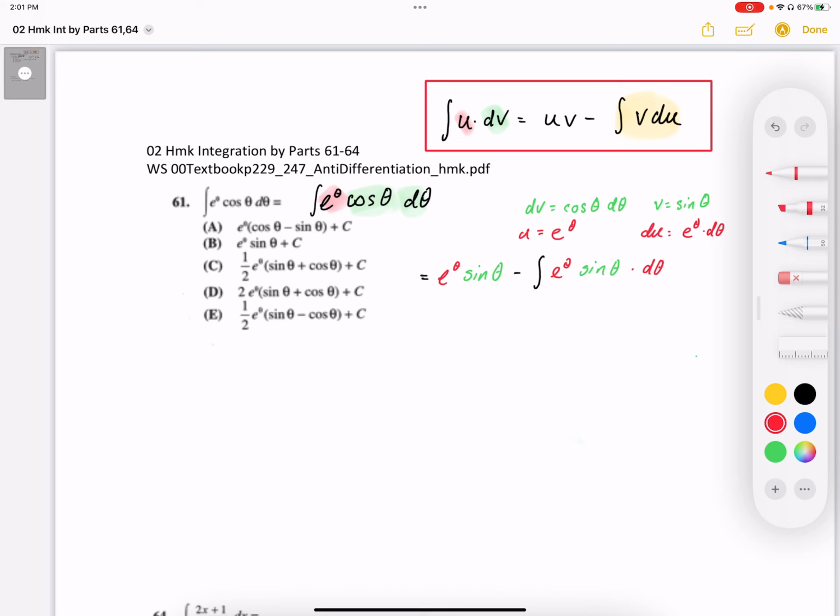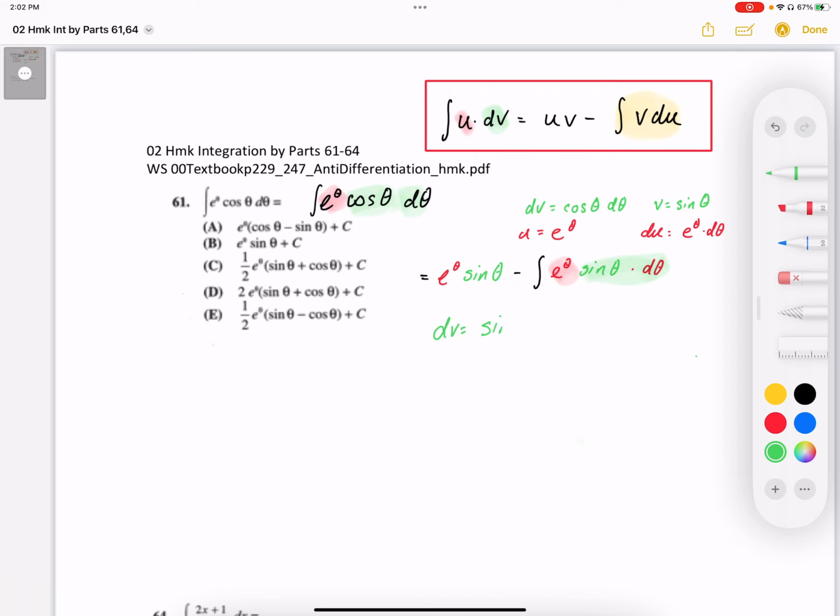So I'm going to reapply integration by parts. This time I'm going to choose sine again, and that becomes my sin θ dθ is my dv. So again, I want to choose my dv as the most complex I can.